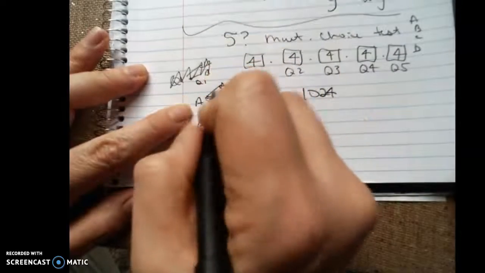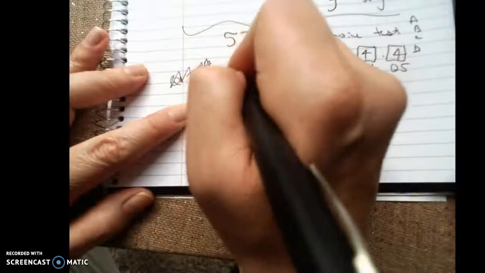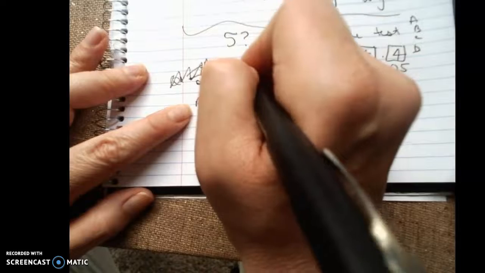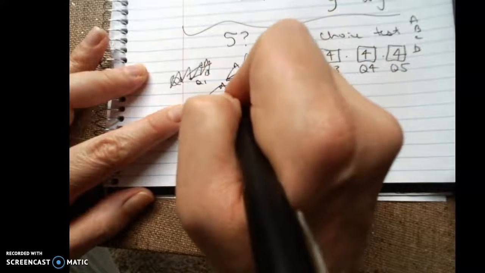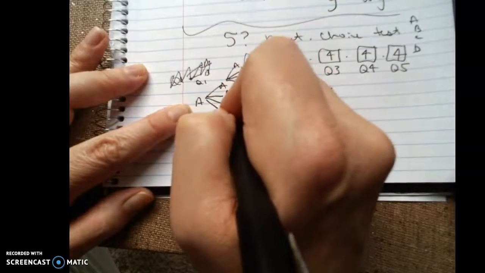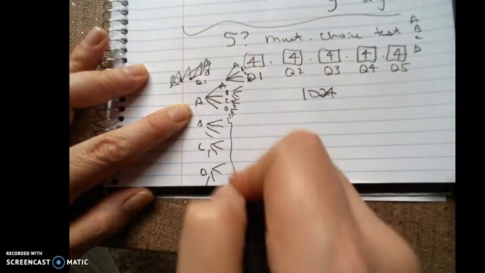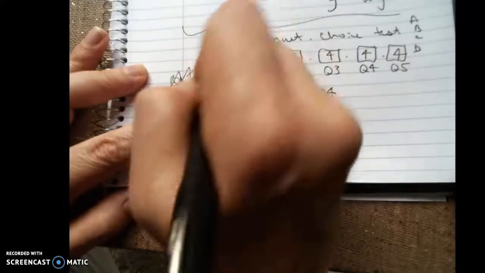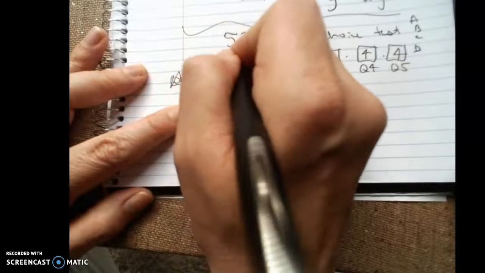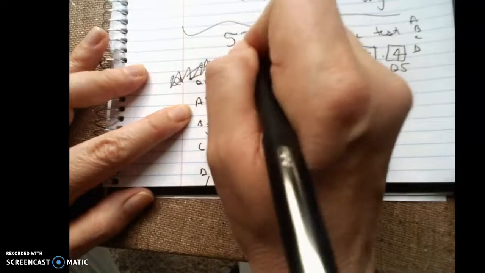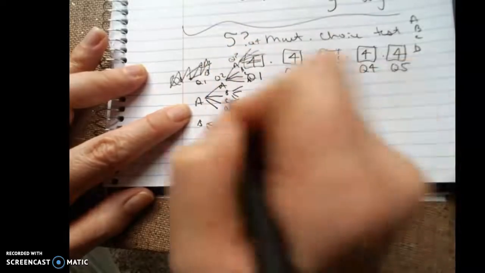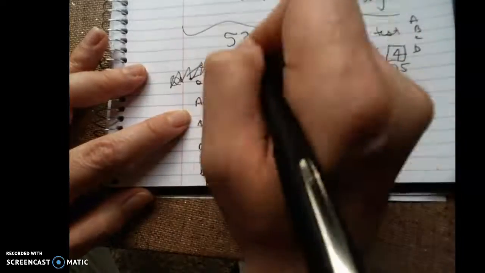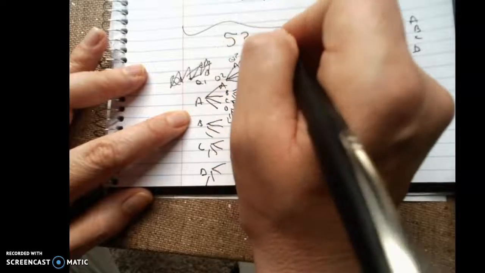Then if I have A, I could branch out again and have 4 choices, A, B, C, D. And that could happen on all of these. And do you see how that would be the same down here? That's question 1, question 2, question 3. And then all of these could branch out 4 for question 4, question 1, 2, 3, and 4, yeah. And then I could branch out again for question 5.